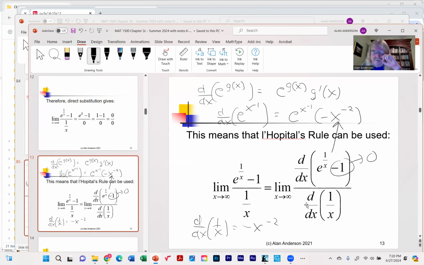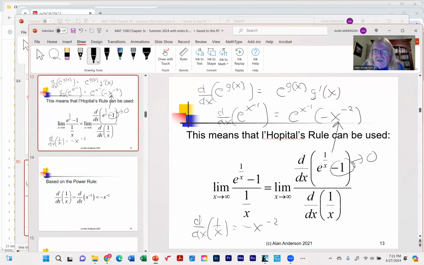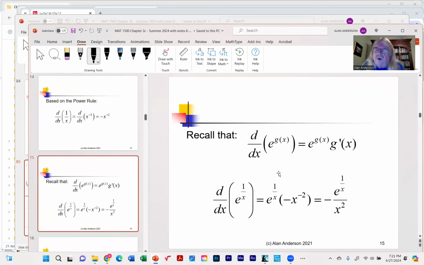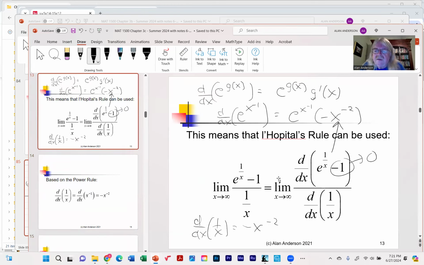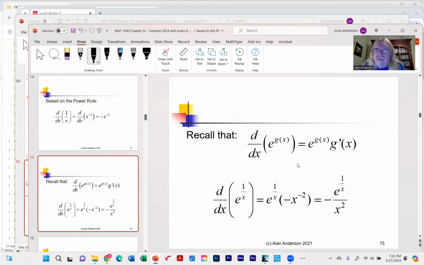So what do we end up with? Plugging them in, in the numerator, we have e to the x to the minus 1, or e to the 1 over x. And then this part just goes to 0.